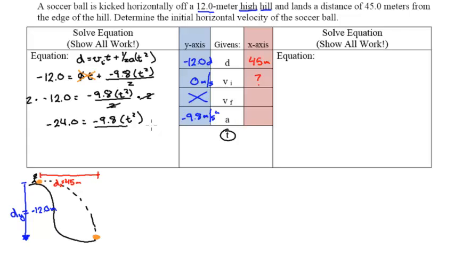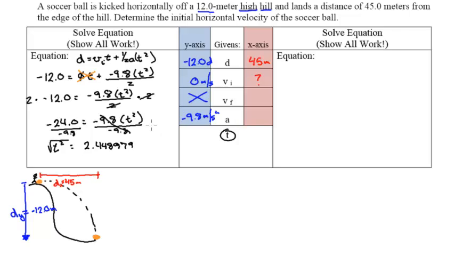In order to get t squared all by itself, I'll divide by negative 9.8. Cancel, cancel. Whatever I do to the right, I'm going to do to the left. Giving me a result of t squared equals 2.448979.